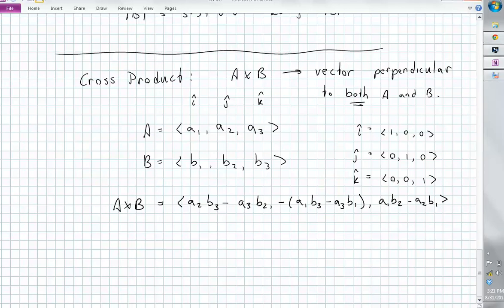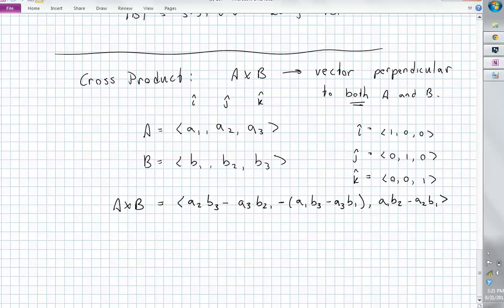And those three numbers together form the coordinates of the cross product. I know it leaves a lot to be desired as a mnemonic, but it's possibly better than memorizing this expression right here. It does have this convenient feature that it's perpendicular to both A and B. And that's why we care about it so much.